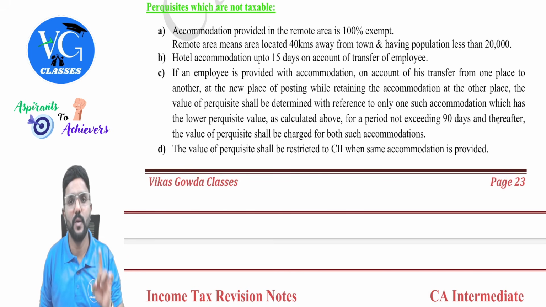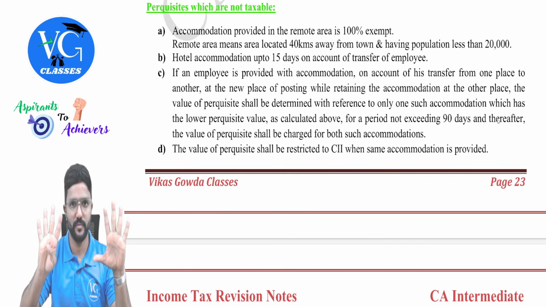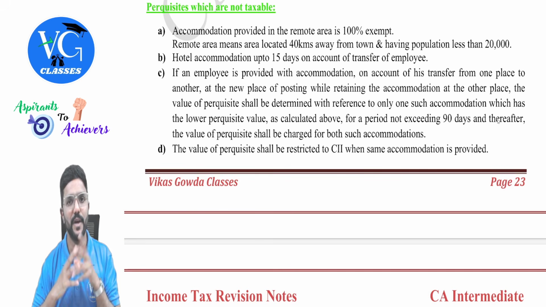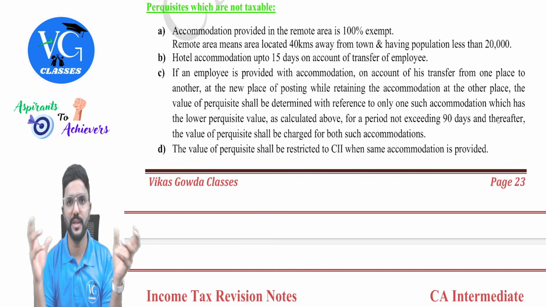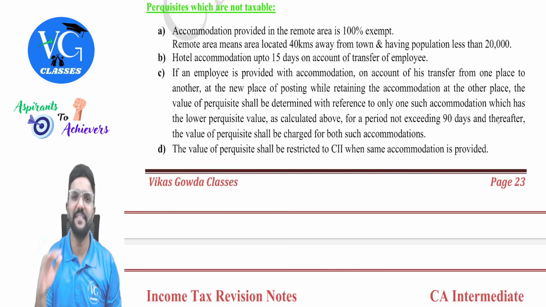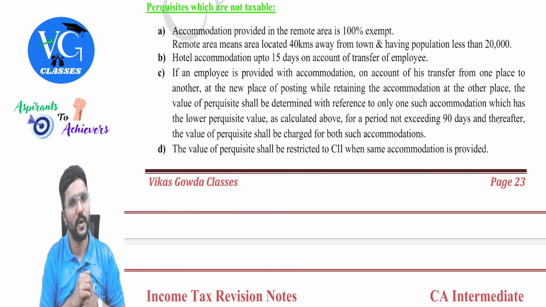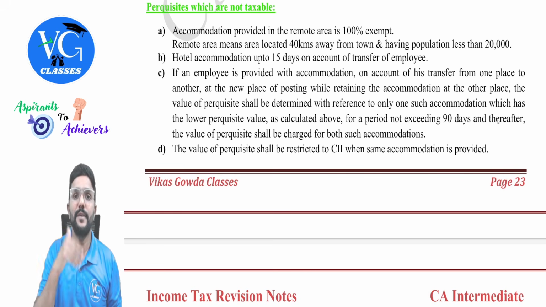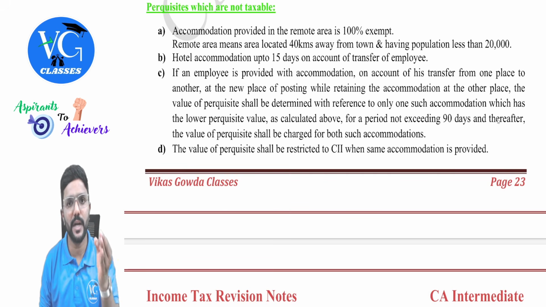In that case, only one accommodation will be taxable for me for the first 90 days. So I will calculate the value of perquisite for both houses, the Bangalore house and the Chennai house. Whichever is lower, I will offer that for tax. And after 90 days, if my employer continues to provide accommodation in both cities, then both of them will be taxable from the 91st day.